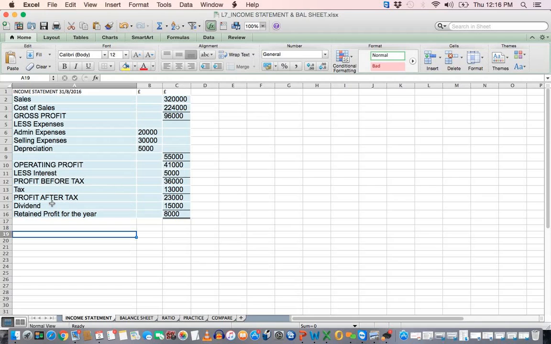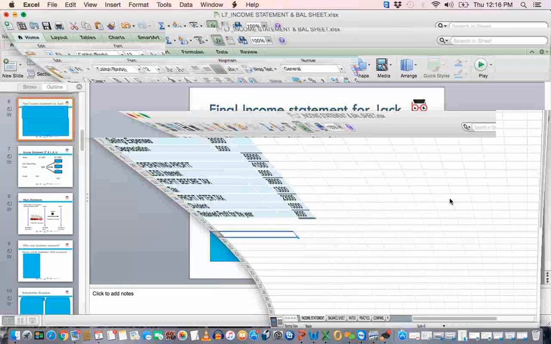When we deduct the interest on the bank loan from the operating profit, we get the profit before tax, and then we have profit after tax, and we have retained profit. Okay, so this is the income statement, and we need to know each item of the income statement, what the head of each item is, and how it comes about.